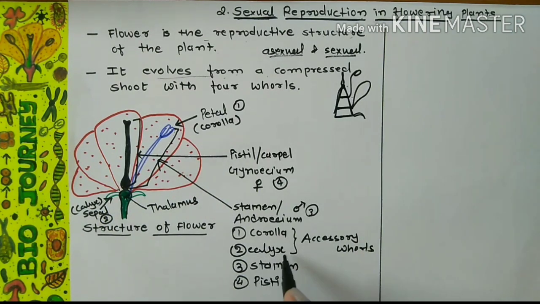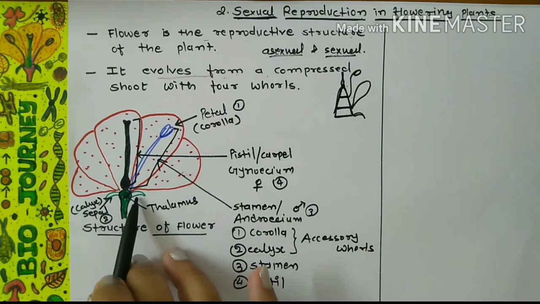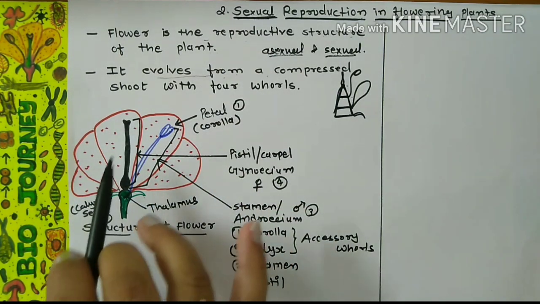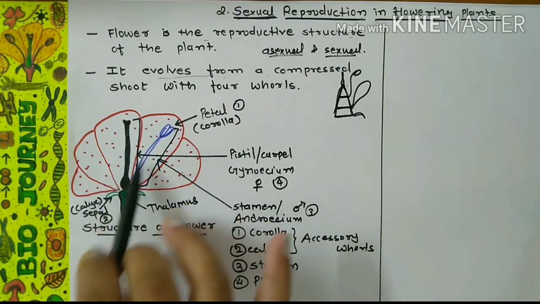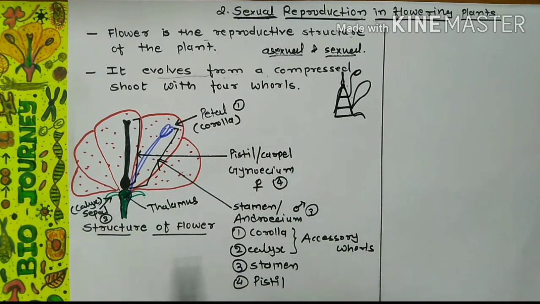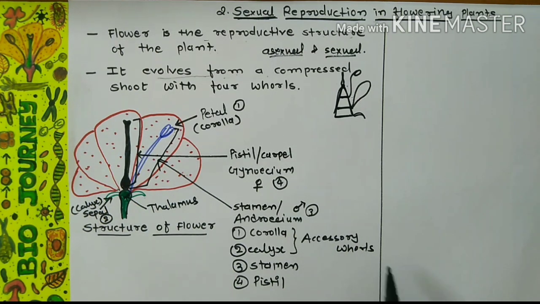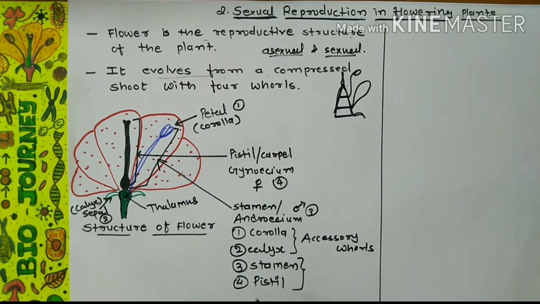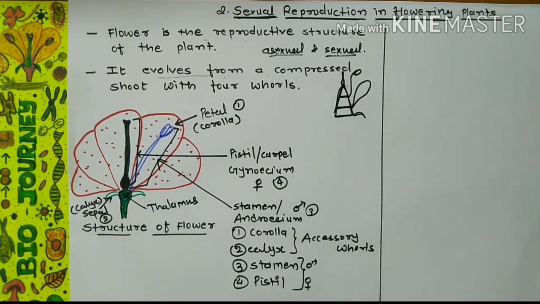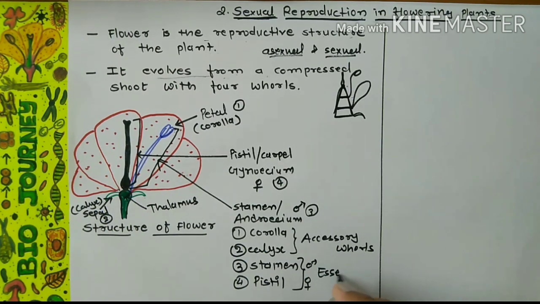The calyx is a leafy green structure, and when the flower is in bud condition, it protects against injury. The innermost portion is very delicate, and the calyx protects it. That's why corolla and calyx are known as accessory rolls. The other two rolls, the stamen, which is the male part, and the pistil, the female part, are known as essential rolls.